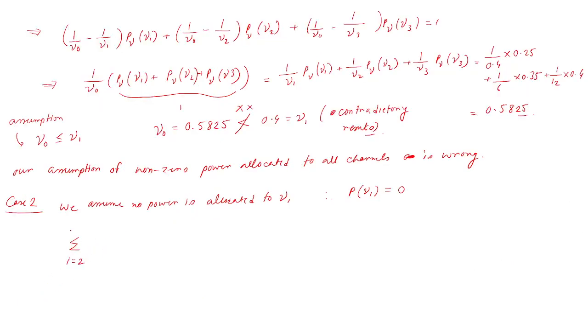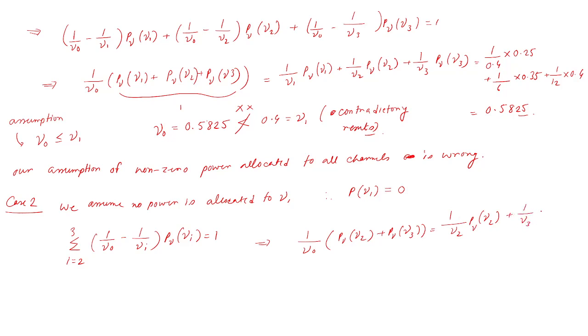The summation will start from i equal to 2 to 3 of 1 over gamma naught minus 1 over gamma i times P gamma i equals 1. We obtain from this 1 over gamma naught times P of gamma 2 plus P of gamma 3, minus 1 over gamma 2 times P of gamma 2 plus 1 over gamma 3 times P of gamma 3.